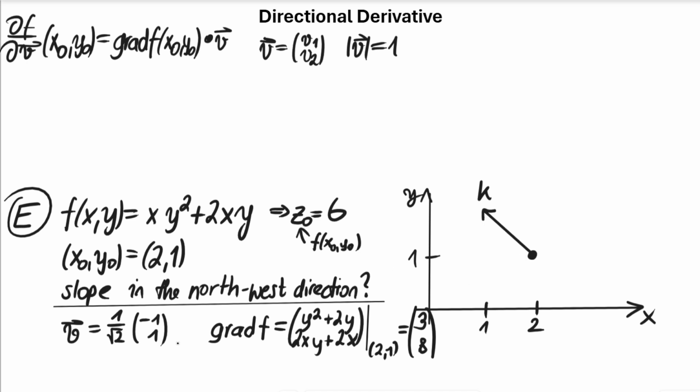So 3, 8. But we are here interested in the directional derivative, so in the slope in the direction of northwest. So that is the directional derivative at the point 2, 1. And according to the formula above, we have the gradient, which is 3, 8, dot product with the northwest direction v.